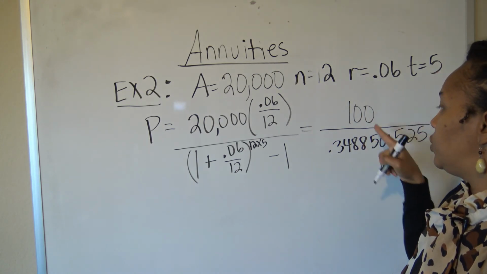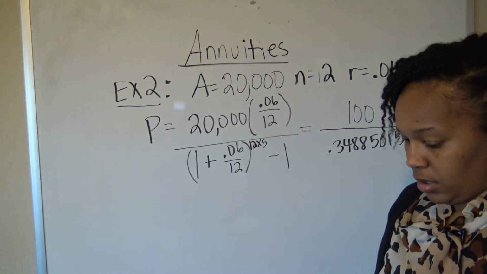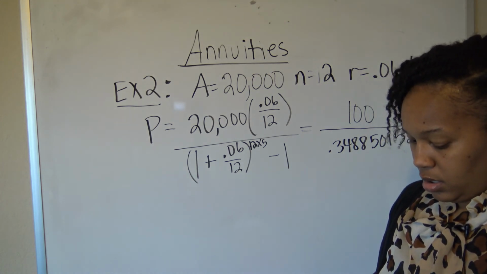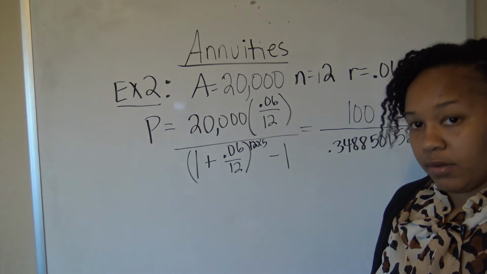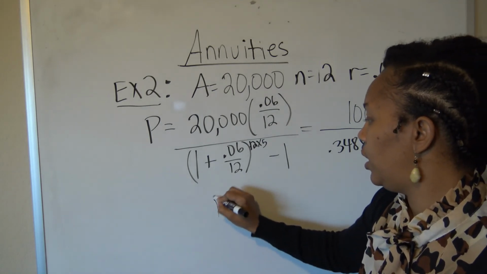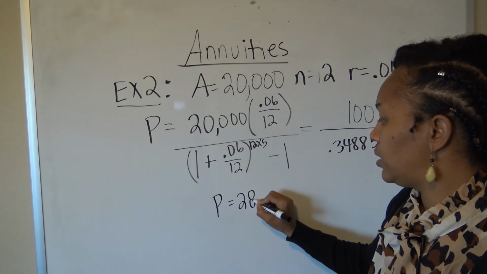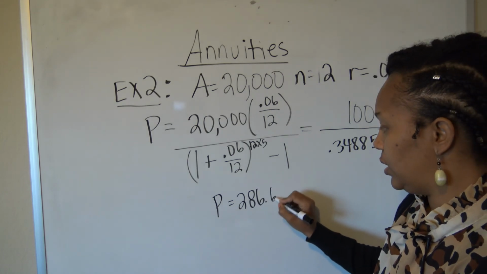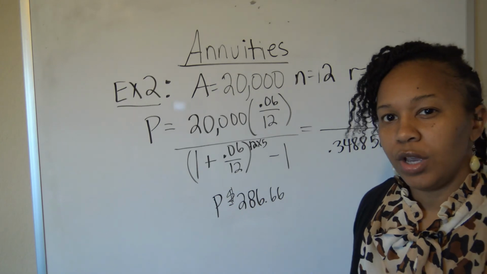So if you do 100 divided by that number, you get P to equal $286.66.